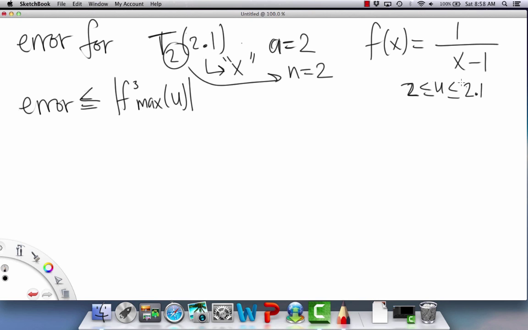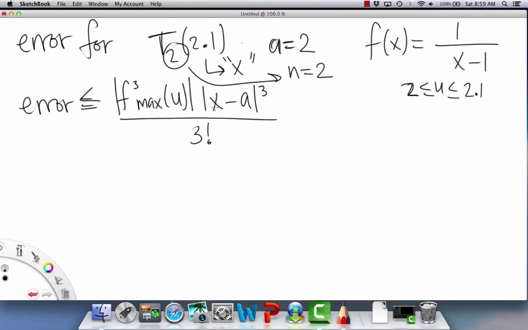Okay, so this is the maximum range that you can go from. And then we have x minus a to the n plus 1, so 2 plus 1 is to the third, over n plus 1 factorial. So 2 plus 1, again, is 3 factorial.